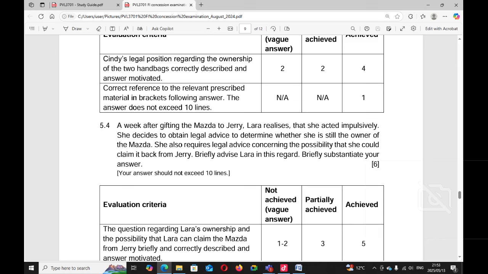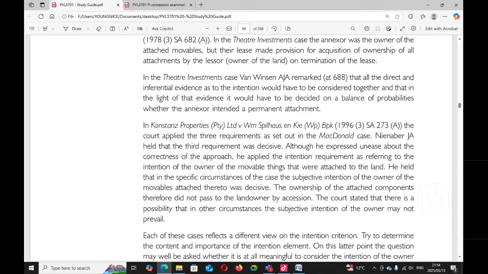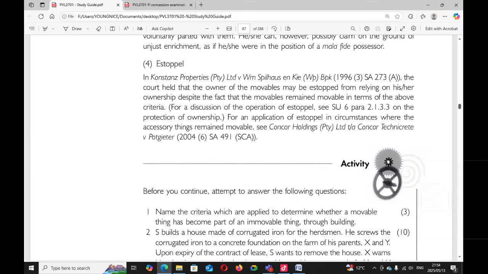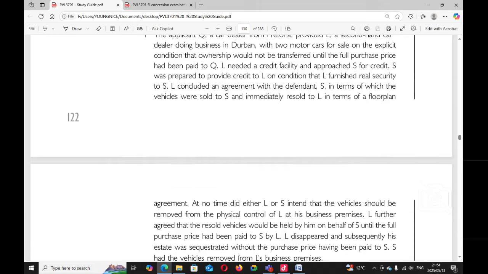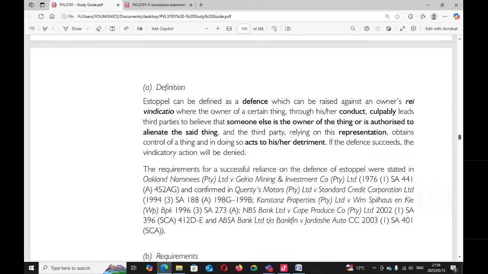So if somebody is giving you a donation, like a car, you must write an affidavit. You go to the police station, you sign that the person has gifted me. Then there's a proof. But if you don't sign anything, I can come tomorrow and collect my car back, because there's no proof. So yes, a week later, Lara can go and say that she acted impulsively. I told you that it's on page, I believe it's around page 96, if I'm not mistaken, right?